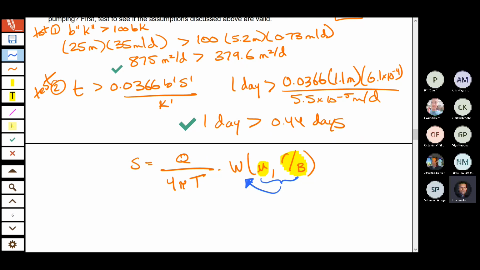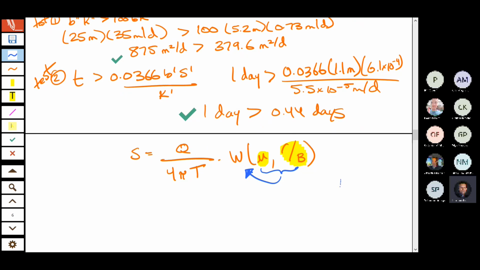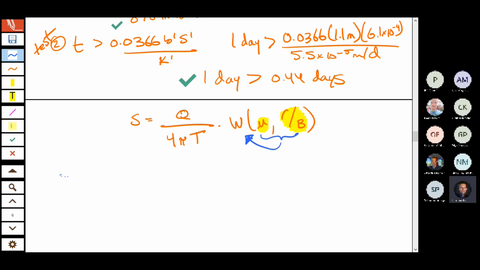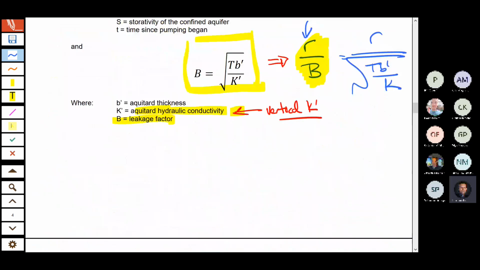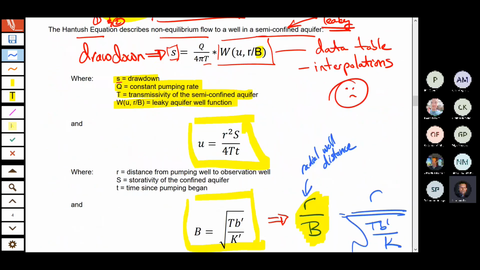Okay, so first things first, let's do our U calculation. If we scroll back ever so gently, we see that U is going to be R squared S, the radial distance squared times storativity, divided by 4 T transmissivity times little t.